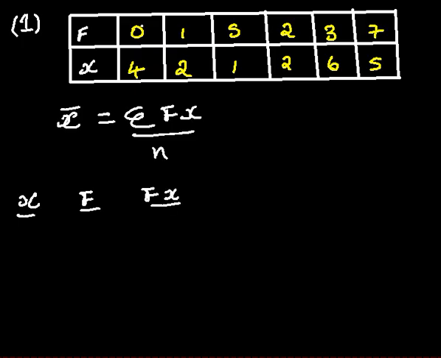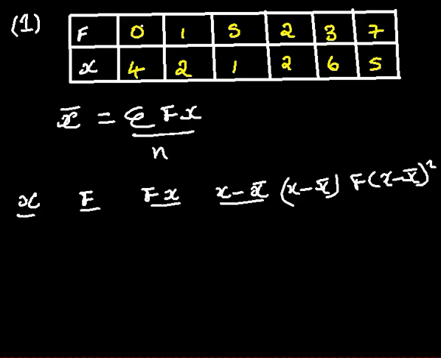And since we are aiming at finding even the standard deviation and the variance, we just have to present that as well. So you can also have x minus x bar, and the x minus x bar should be squared. Then frequency times (x minus x bar) squared, like that. We can have even just that.